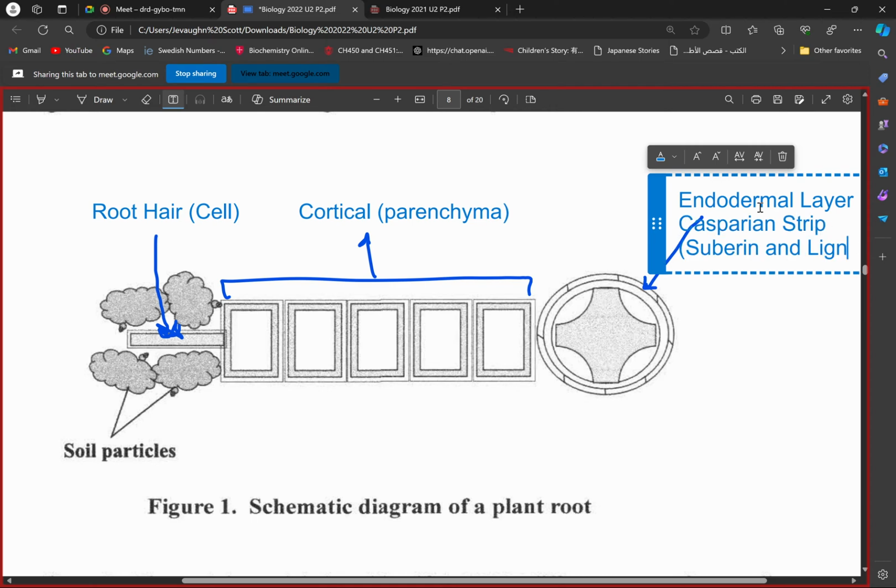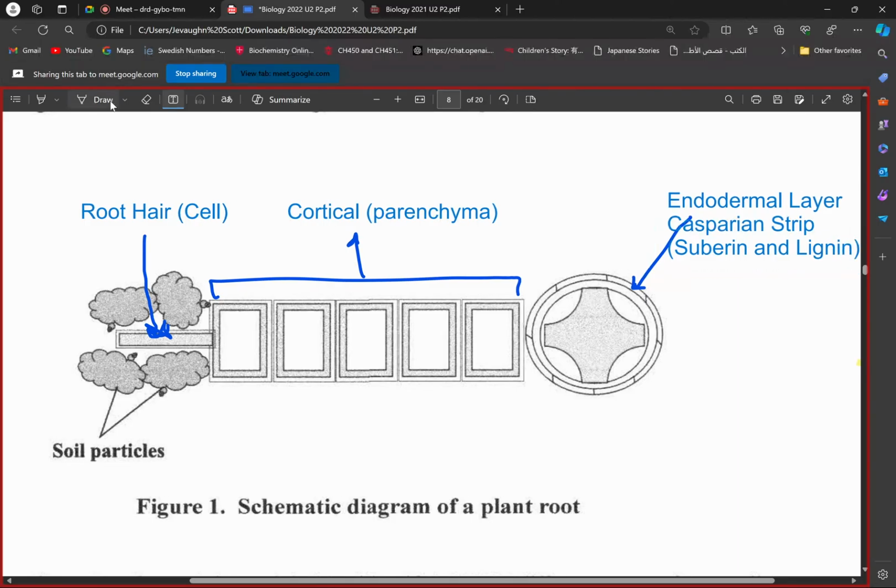Lovely. Right? And right underneath the endodermis, we have this. What is this called? The pericycle, right? So the pericycle contains parenchymal cells, right? Lovely. What is this as opposed to this?